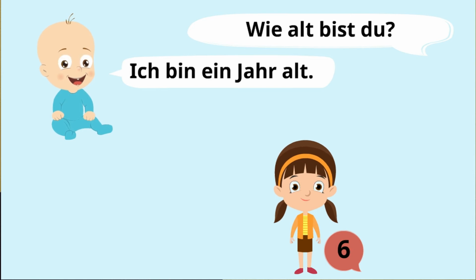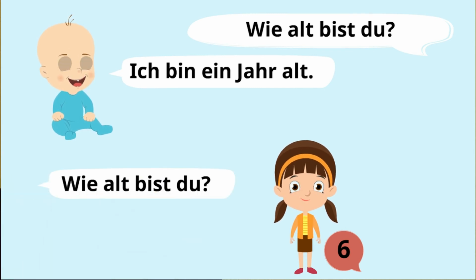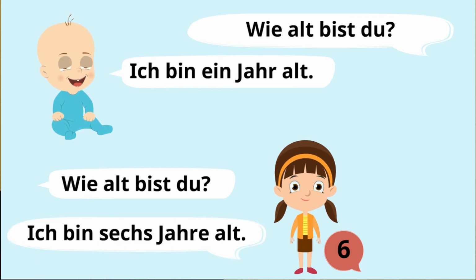How about this girl? Ask her about her age, then answer for her with the given number. Wie alt bist du? Ich bin 6 Jahre alt. Or just simply, ich bin 6.